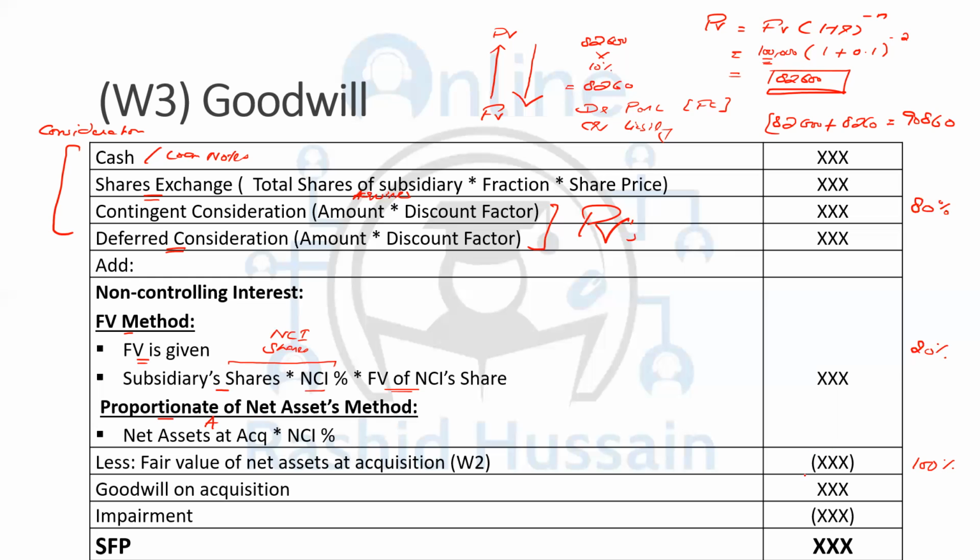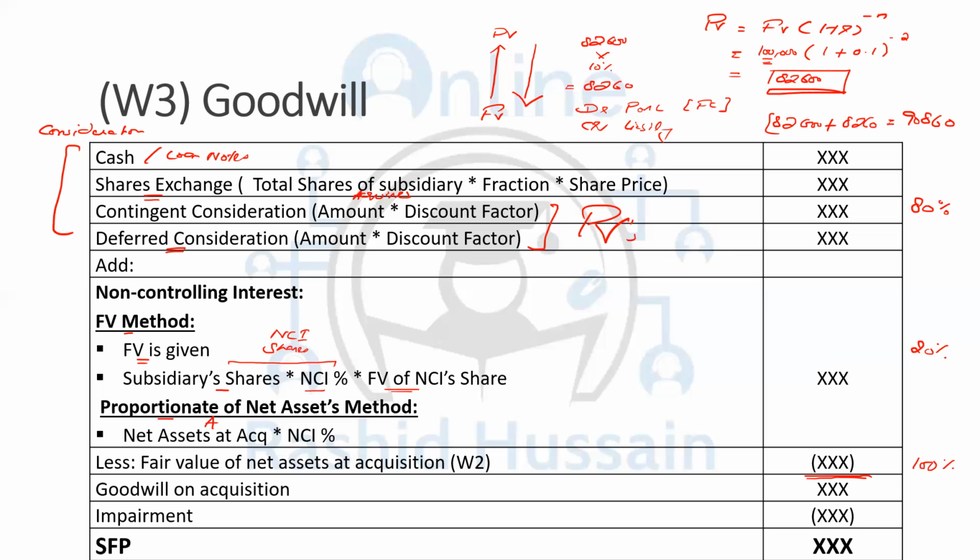You will get the goodwill on acquisition. Now, this goodwill is not only for the parent. It is a combined goodwill of the parent and the non-controlling interest. Because realistically, we are consolidating 100% of the subsidiary. Do we take a percentage of the assets or liabilities while consolidating? No, we do not, because we consolidate 100% of the subsidiary.